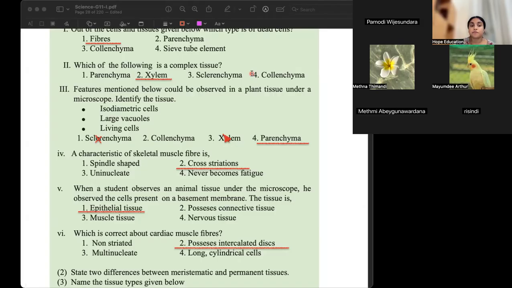So in the group today I sent you the photosynthesis note, right? Take a printout of the photosynthesis note.